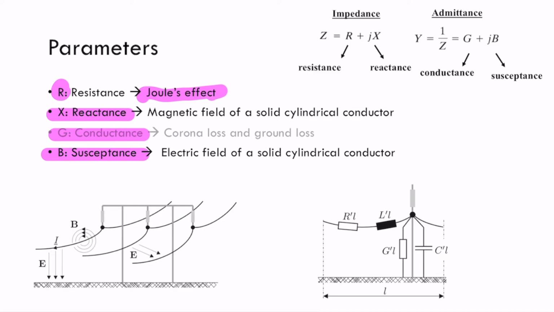So related to the line, or in series with the line, we have resistance, of course depending on the length. We have this equivalent inductor, which represents the phenomenon of the magnetic field. While in shunt, we can model the susceptance as a capacitive element, and the losses to the ground by these resistive elements.